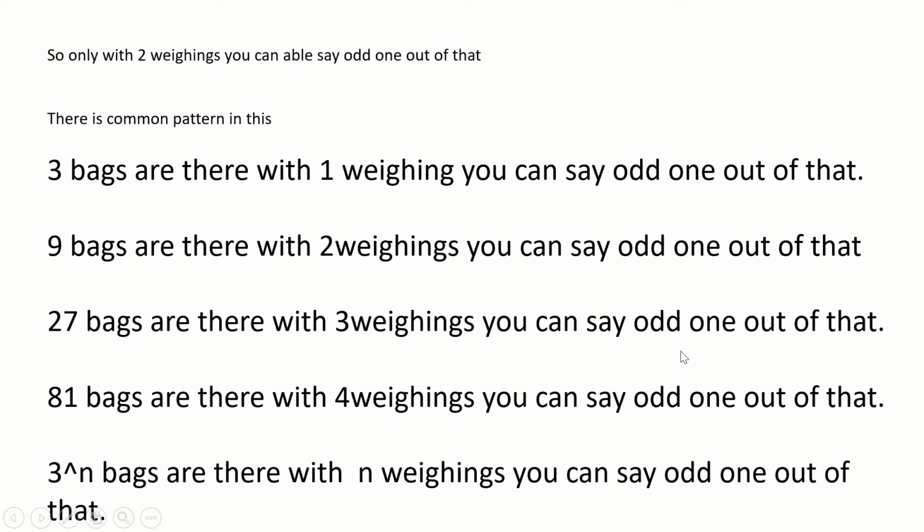Suppose 81 bags are there: you can use four weighings to find the odd one out of 81. Suppose 3^n bags are there: we can use n weighings to find the odd one. So by simple observation, you can form a pattern and you can say the answers very easily.